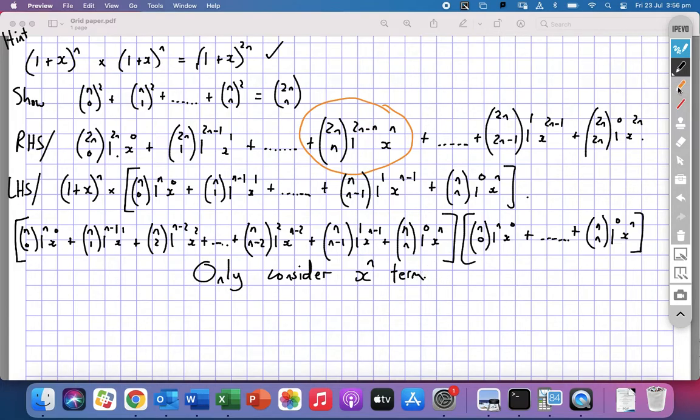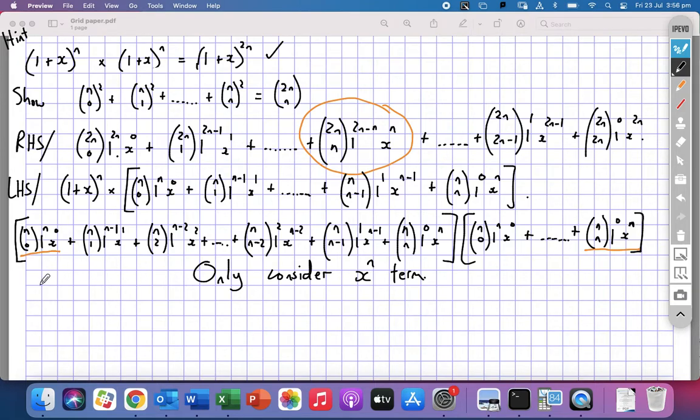The first one's going to come from when this thing meets up with this one here, right? So you can hopefully see that we've got x to the 0 and we've got x to the n.